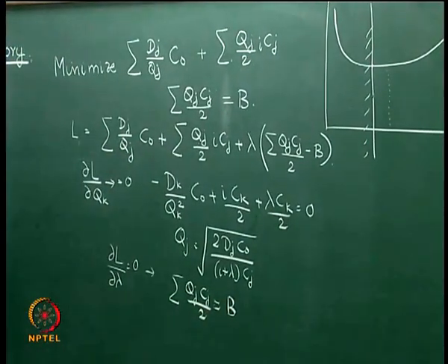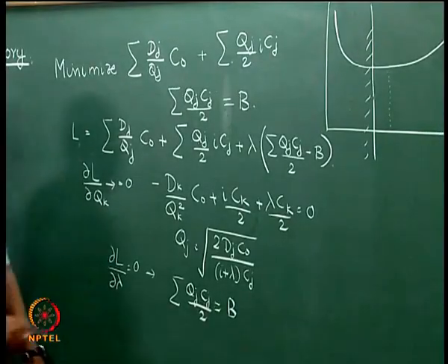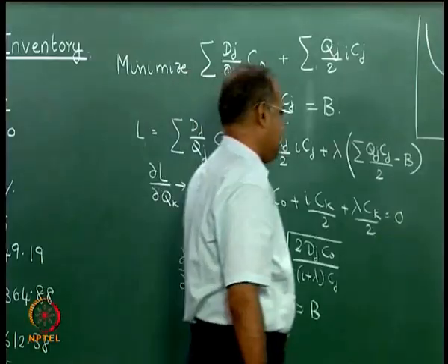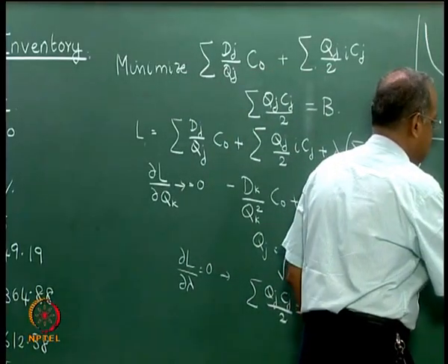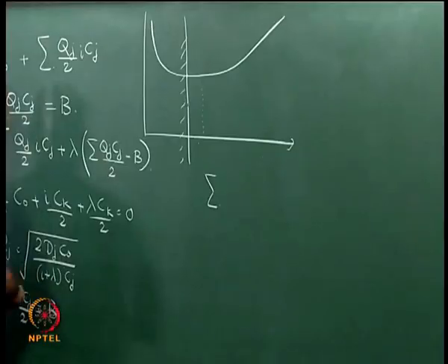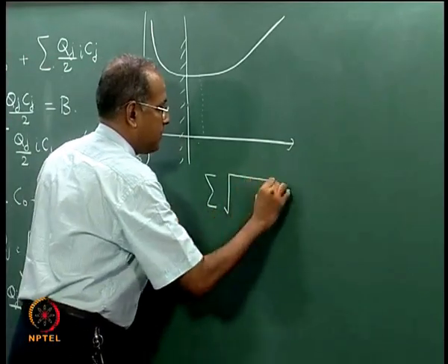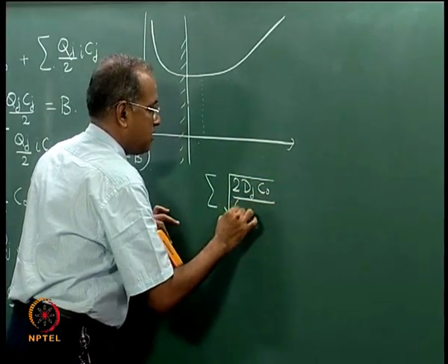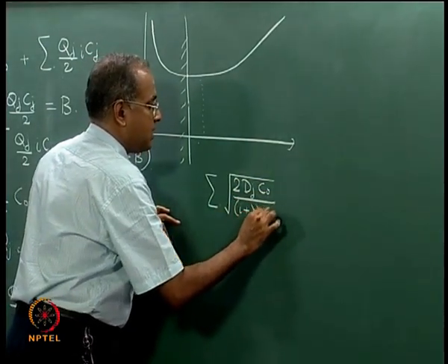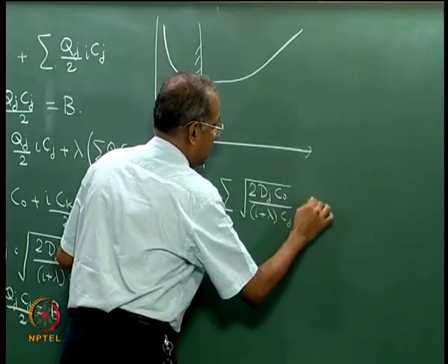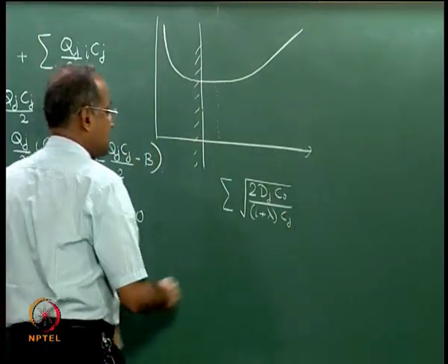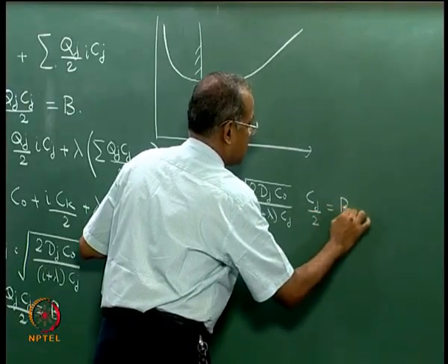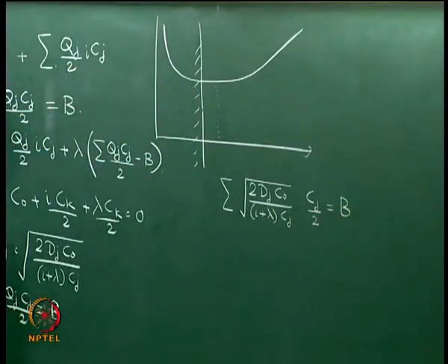In order to find lambda we substitute for qj from this, and therefore, we get sigma root over 2 dj c naught by I plus lambda cj into cj by 2 equal to b.